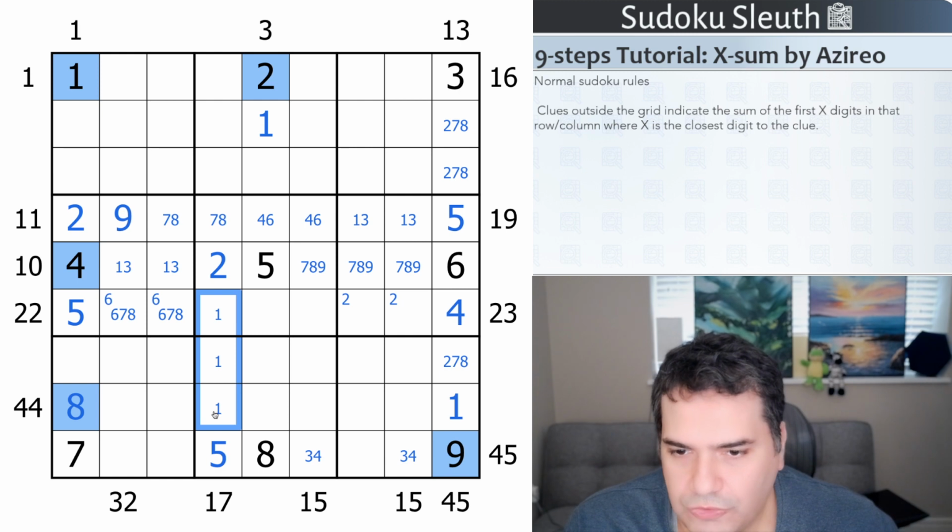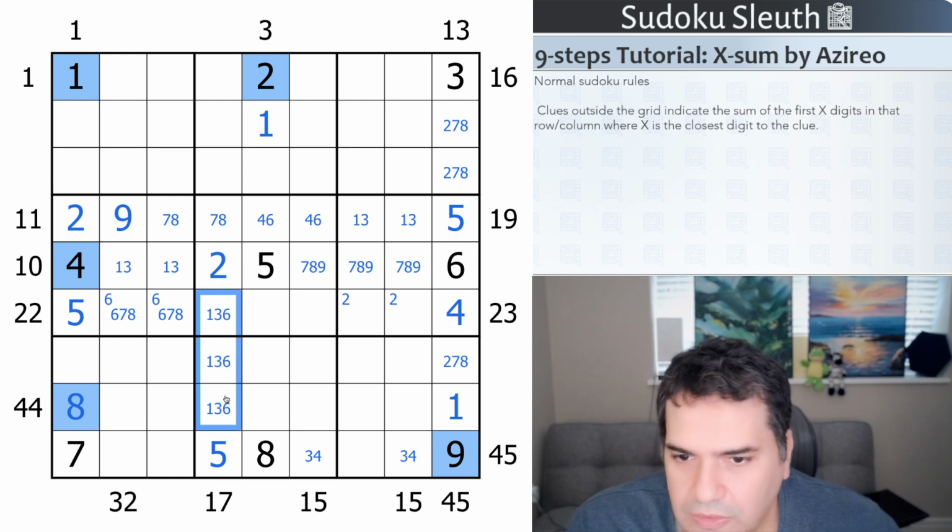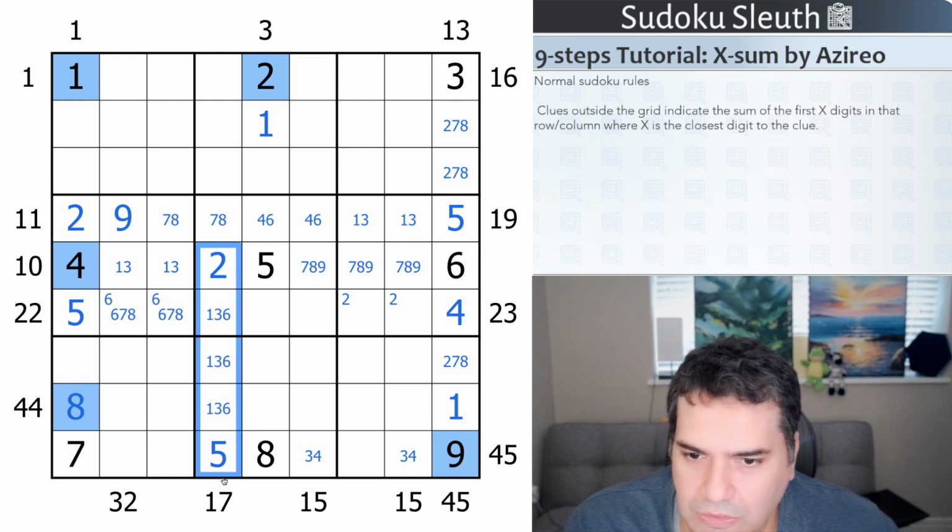So 1 plus 2 more digits that add up to 9. 1, 9, add up to 9. 1, 8 is not available, 2, 7 is not available, 4, 5 is not available. It's got to be 3, 6. So that looks like it will add up to 17. 10, 12, 17.